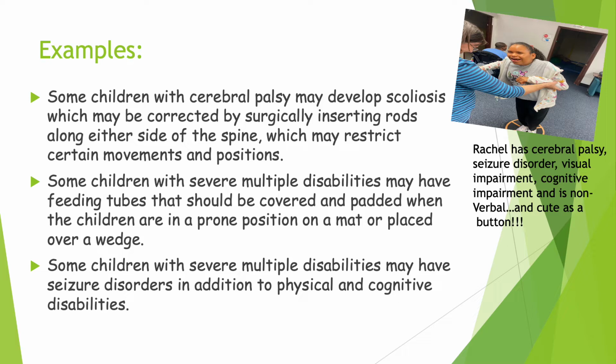Another student with severe multiple disabilities may have a feeding tube that should be covered and or padded when the children are in a prone position on a mat or placed over a wedge. In addition, that position just may not be a good position for a child with a feeding tube. It just depends on the kid.